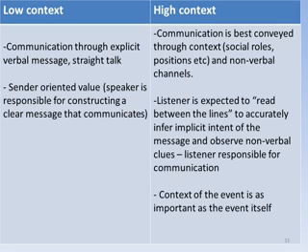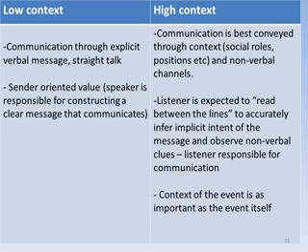Low context cultures communicate through explicit verbal messages, straight talk. The sender is the person who is the communicator and is responsible for getting a message across that can be understood. That would be the American culture. A high context culture is just the opposite.